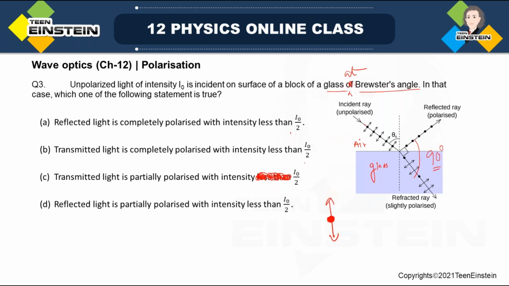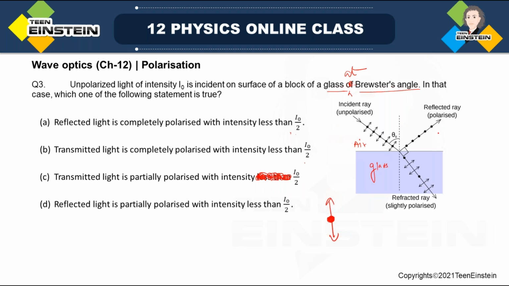So if the unpolarized light gets incident at the Brewster angle, then the reflected ray, you can see this reflected ray, and this is the transmitted or refracted ray. These two rays will be perpendicular to each other. Fine. Not only that, at this situation, what will happen?